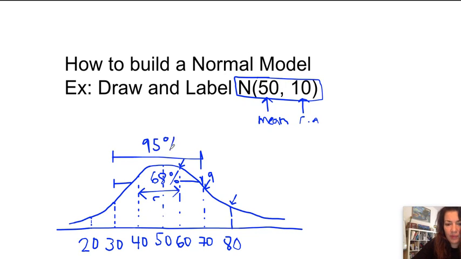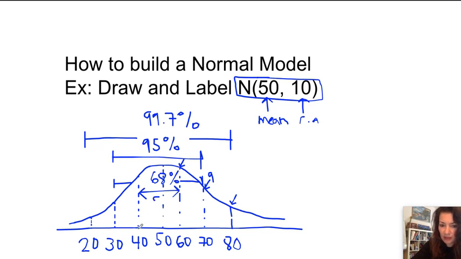And then, as we mentioned, we have 99.7% of the data, from here to here. So 68% of your data lies between 40 and 60. 95% of your data lies between 30 and 70. And 99.7% of your data lies between 20 and 80.